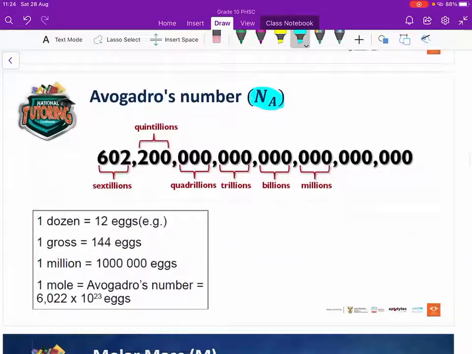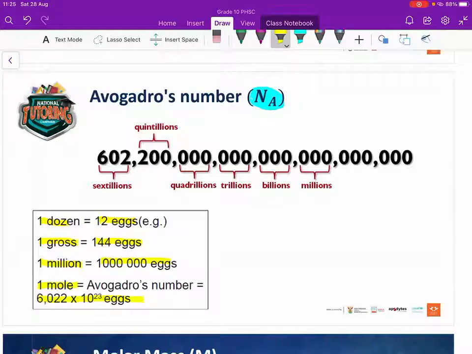So here's just an example. 1 dozen would mean 12, say, eggs. 1 gross, I don't know if you knew this, means 144 eggs. 1 million, if I had to talk about a million or 100, you know what I'm talking about. 1 million is 1 million eggs, and 1 mole would be 6,02 times 10 to the power of 23 eggs.